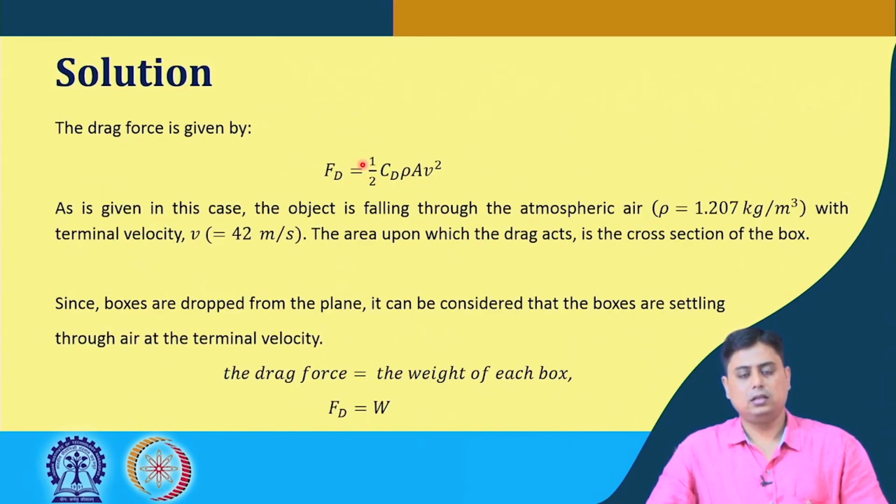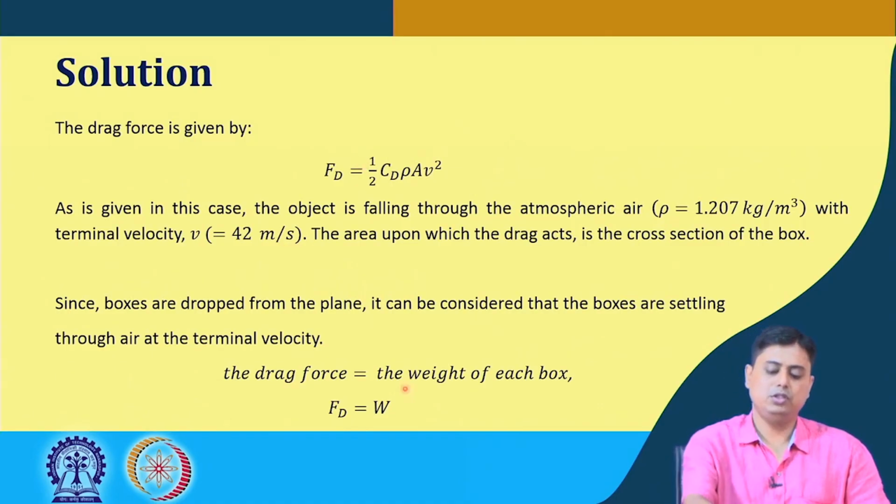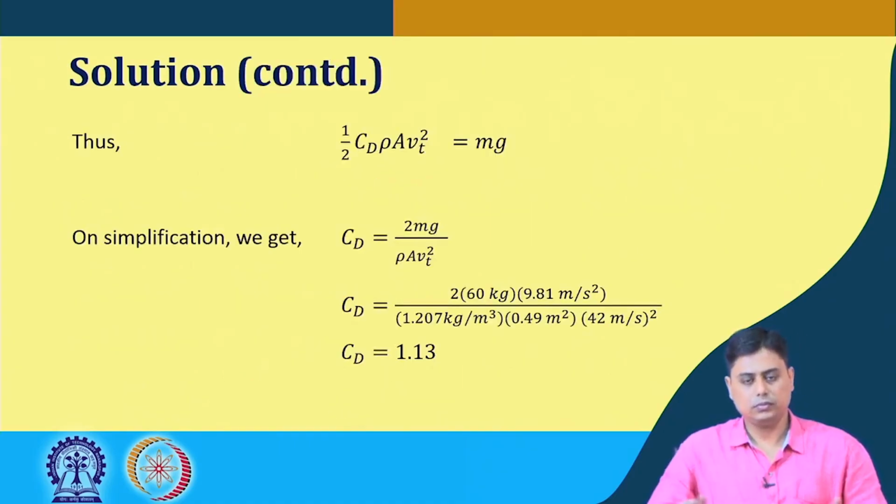In that case, since it is the terminal velocity, the drag force is equal to the weight of the box, and that drag force expression contains CD. In there, CD, rho, A and V squared, except CD, all these parameters are given. This is equated with the weight, which is mg, and we find CD. So, this is the drag coefficient of the box.